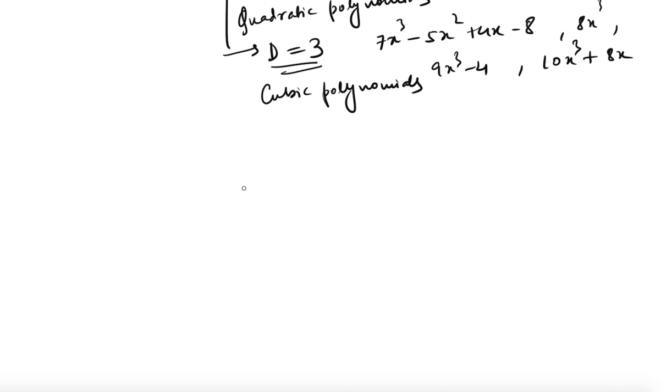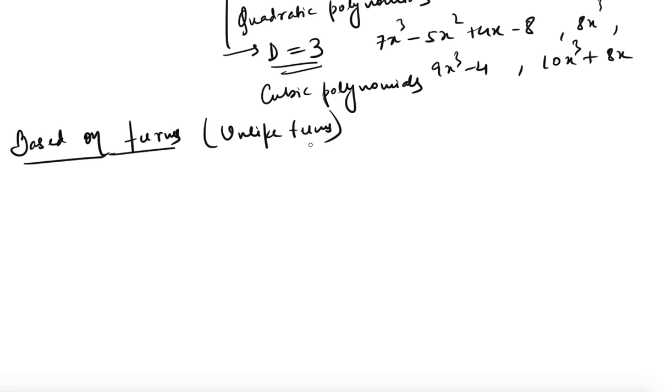Second classification is done based on the number of terms, or precisely based on the number of unlike terms.